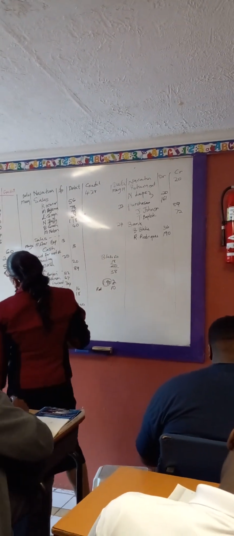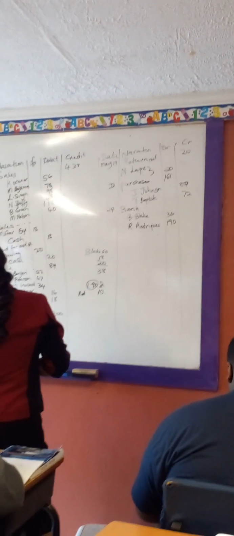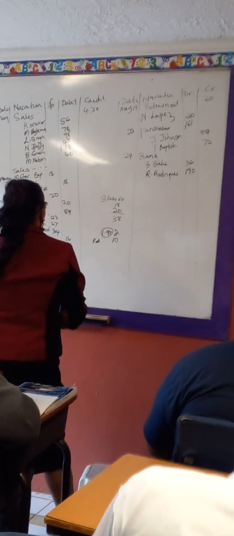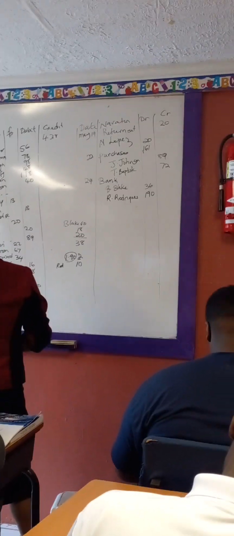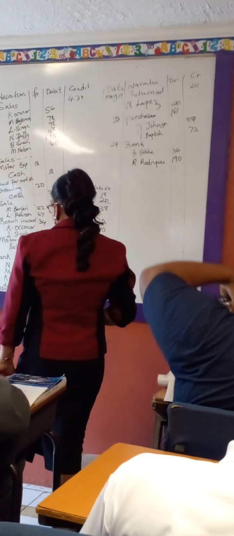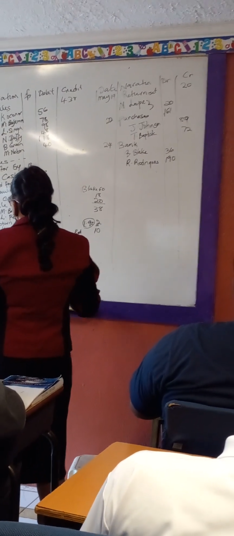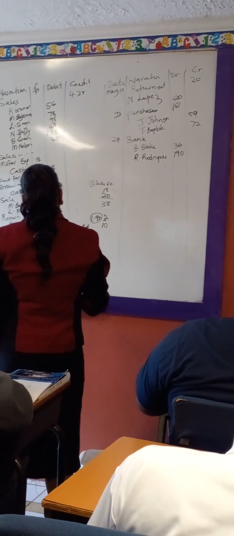Let's look at the top for Lopez. Was he there at the beginning? No. May 2nd. What happened May 2nd? $69. Did we see him anywhere else? No. Haven't seen him anywhere else. So May 19th. What happened on May 19th? He returned goods.